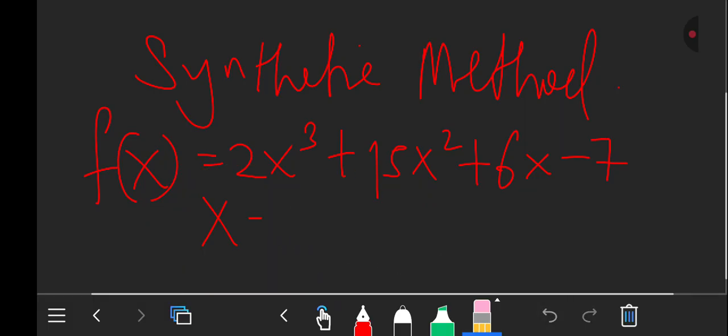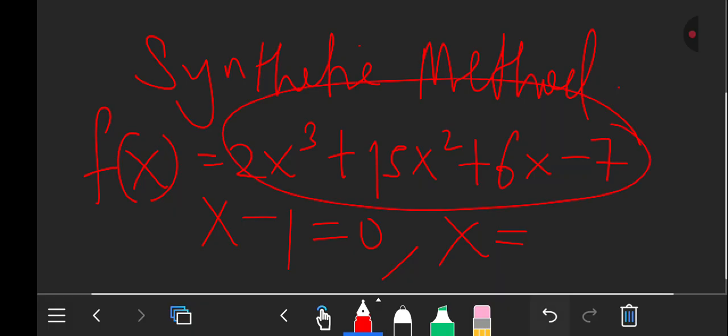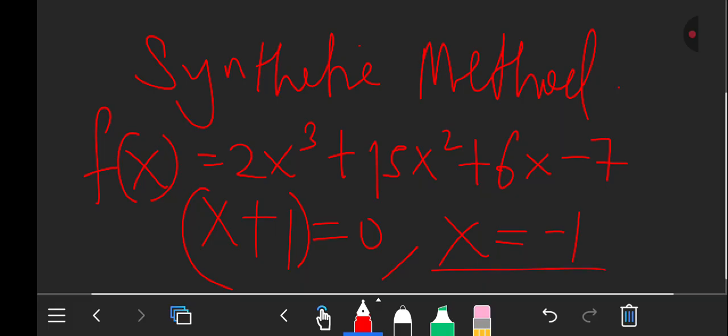So you say x plus 1 is equal to 0. So you discover that x is equal to -1 is the one which is making this equal to 0. So you say x plus 1 is a factor, so that will give us -1. If you substitute -1 in this function, you'll get the answer 0.